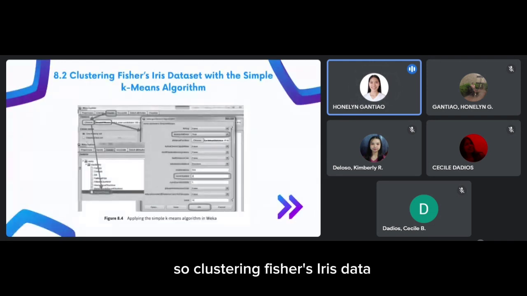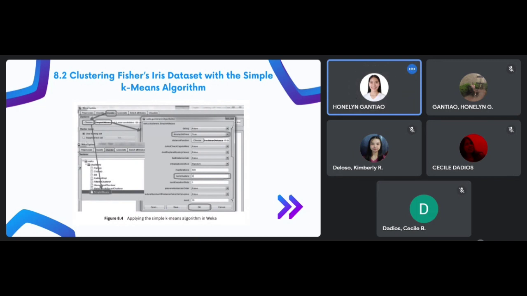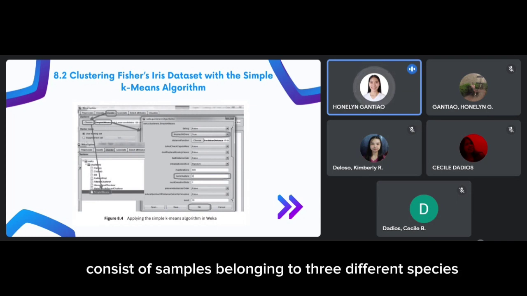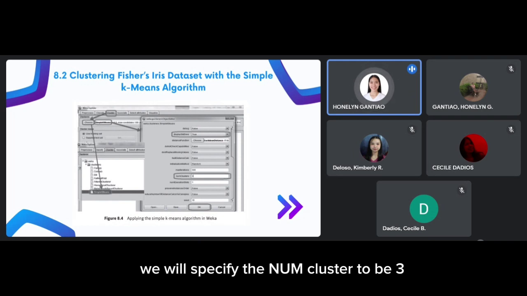Clustering Fisher's iris dataset with the simple k-means algorithm. Now let's apply clustering on Fisher's iris dataset using Weka's simple k-means algorithm. As shown in figure 8.4, since Fisher's iris dataset consists of samples belonging to three different species, we will specify the num clusters to be 3.